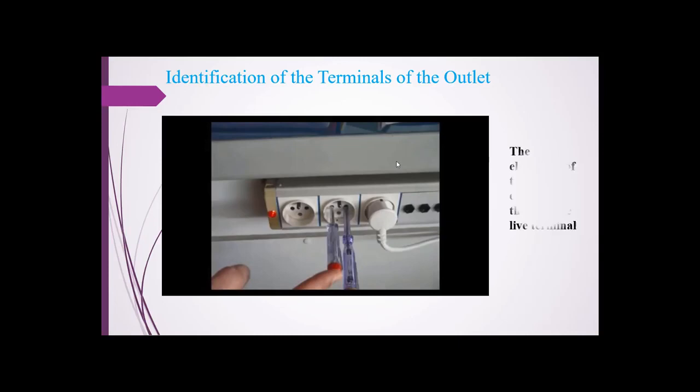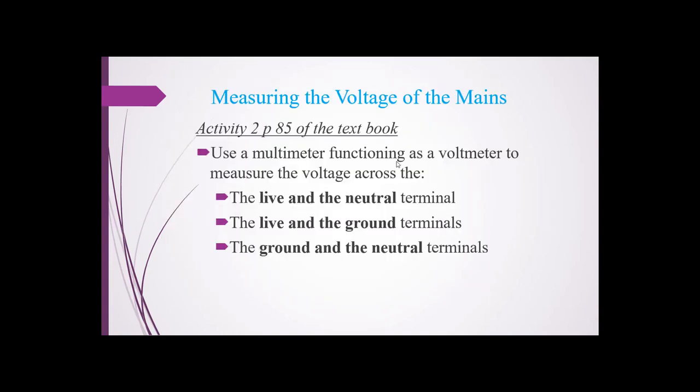Here we can say that the electricity of the mains is delivered through the live terminal, where the voltage is higher than 80 volts. Let's measure this voltage. To measure the voltage of the mains, we will perform activity 2, page 85. In this activity, we will use a multimeter functioning as a voltmeter to measure the voltage.